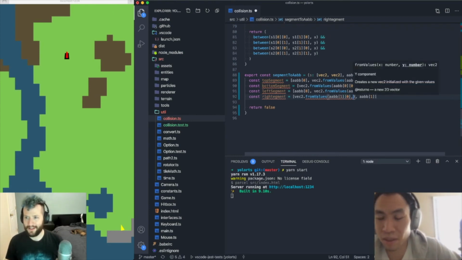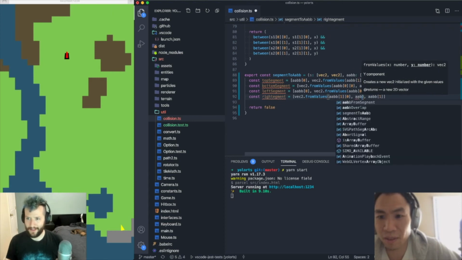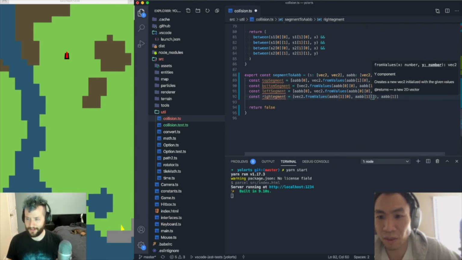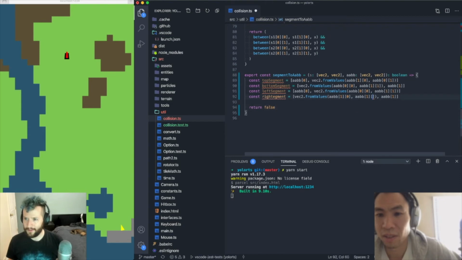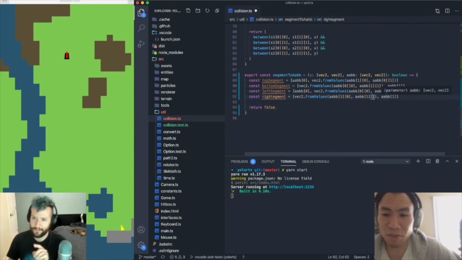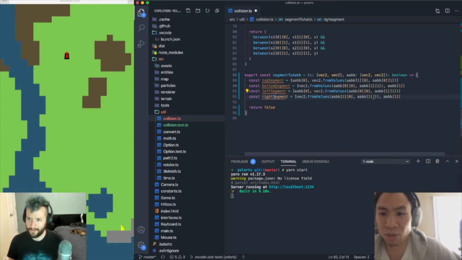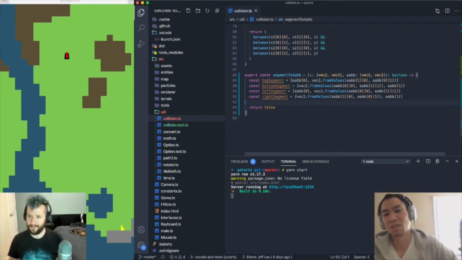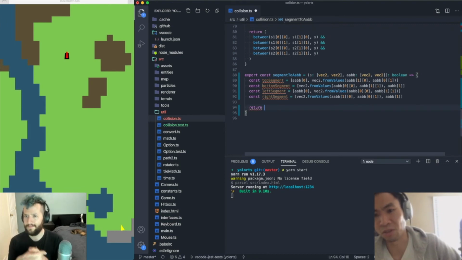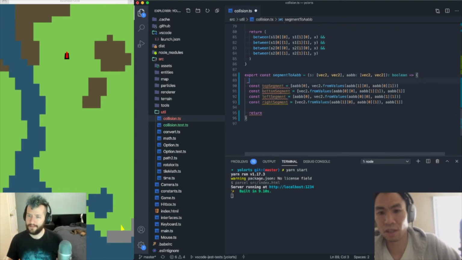And okay, so this is that point that we just wrote actually. If it makes it easier, we could do const northeast equals that vec2.from values. Do you see what I'm saying? We could actually assign the corner point to a variable so that it's a little bit easier to think about. Because we use this twice.